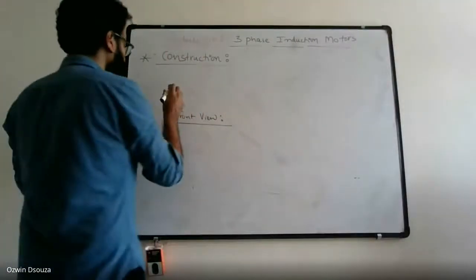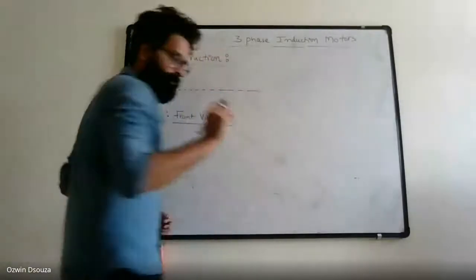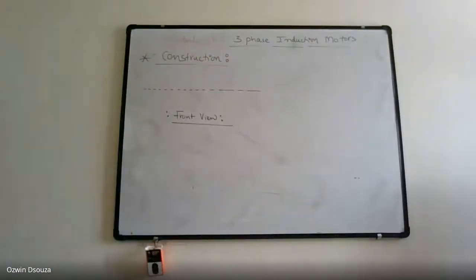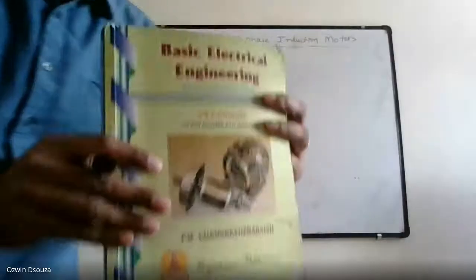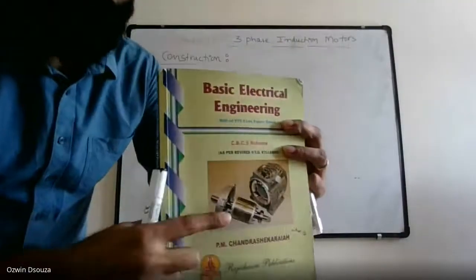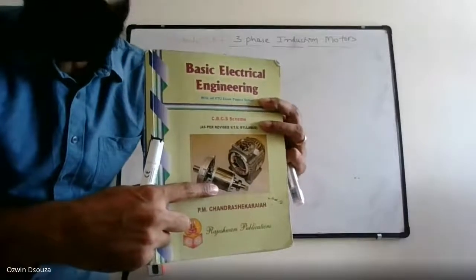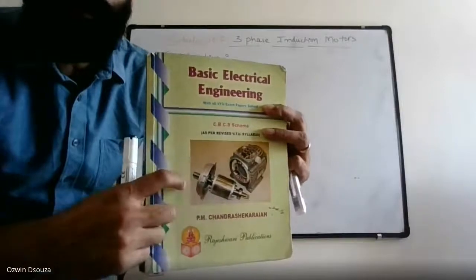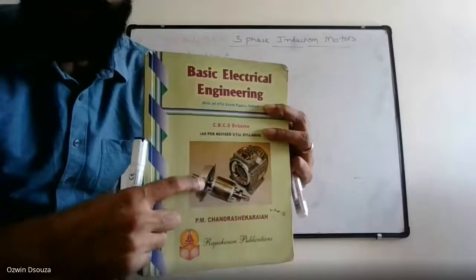In the front view, the squirrel cage rotor looks something like this. I can show you the diagram also. So this is your squirrel cage rotor. In the front view, what you can see is the shaft. Forget about this; this is the enclosure.